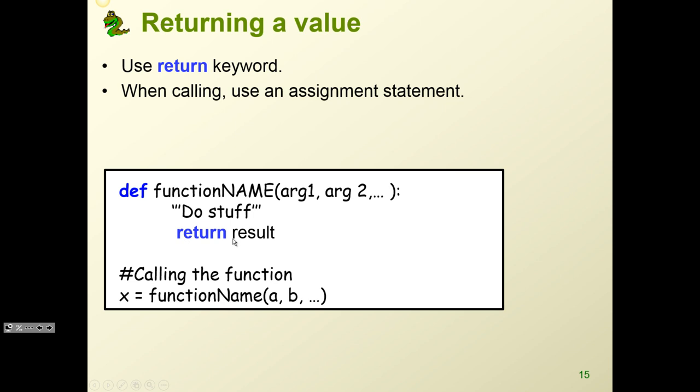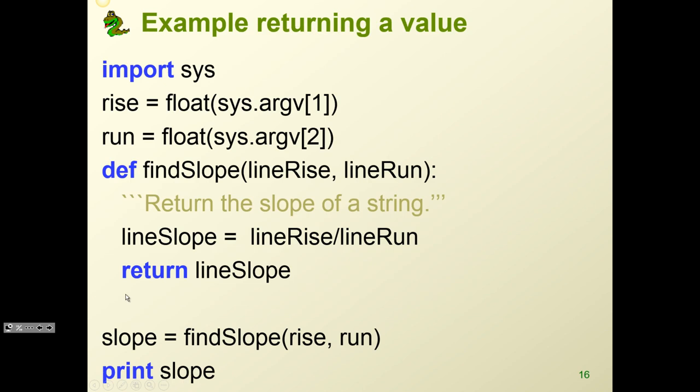When it comes back, if you use an assignment statement, it'll give that value to whatever you've got on the left side of your assignment statement. You call it and use an assignment statement with the variable that you want to hold the return value on the left side there. Usually the return statement is the last line in your function, because once you hit the return statement, it doesn't go to the next line. It jumps right out back to your main code.